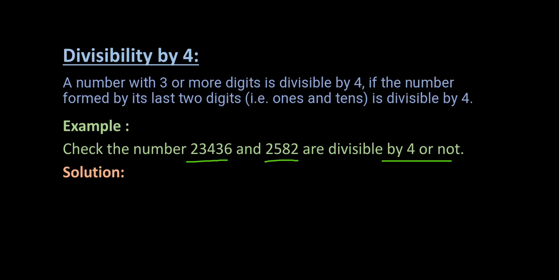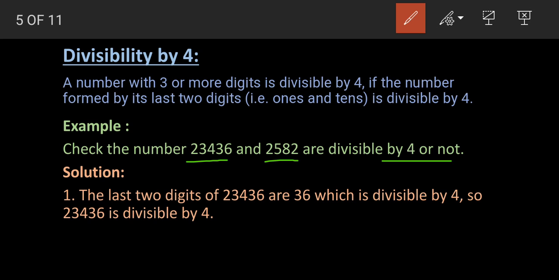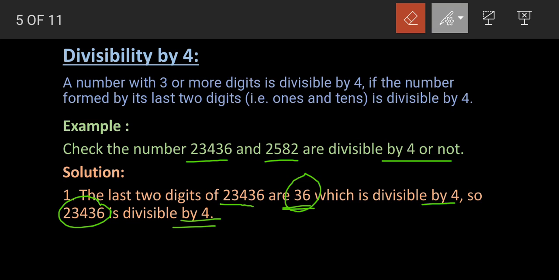Now come to the solution. The last 2 digits of the first number, 23,436, are 36, which is divisible by 4, as 4 nines are 36. So we can say that the whole number is divisible by 4. Now come to one more.